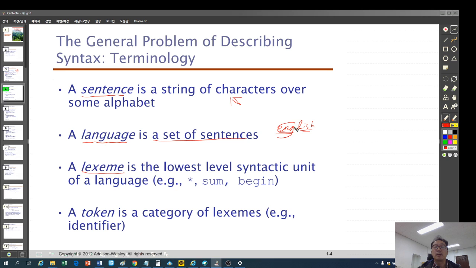If we take the letters E, L, M, this is an alphabet. If we put them together, then we have some small meaning, like in or on, right? So this is a lexeme, the lowest level unit.